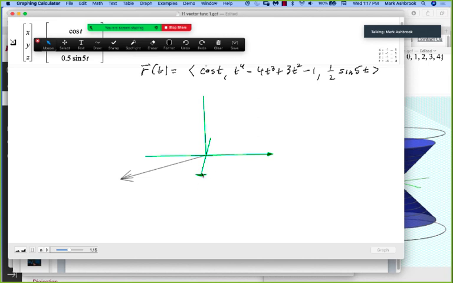It has a positive x component, a negative y component, and a negative z component as well. You get those components by plugging t into these expressions. And when t is negative 0.62, you get a different vector, which has a z component pretty close to 0, it looks like.